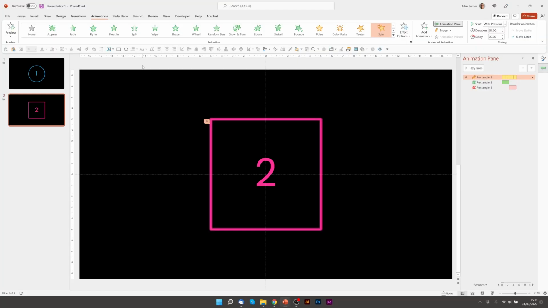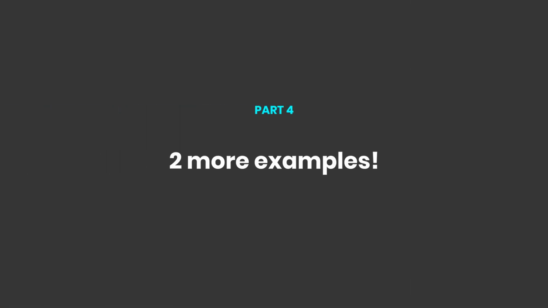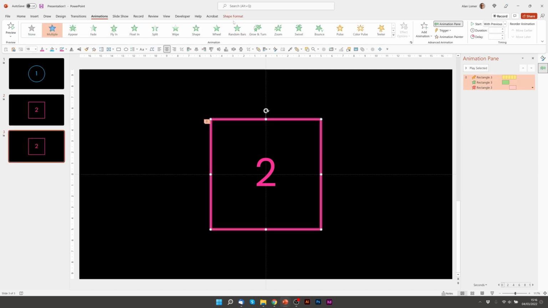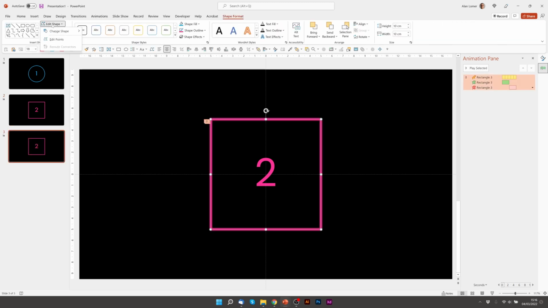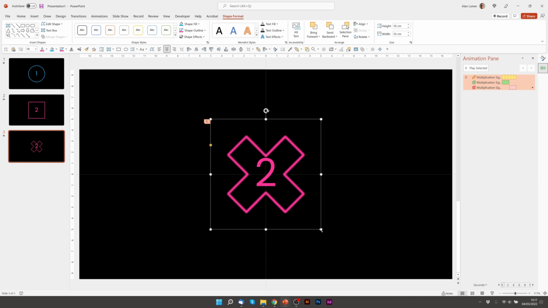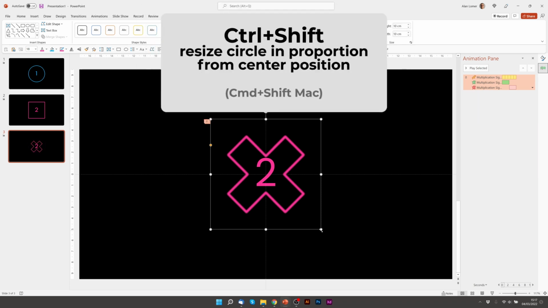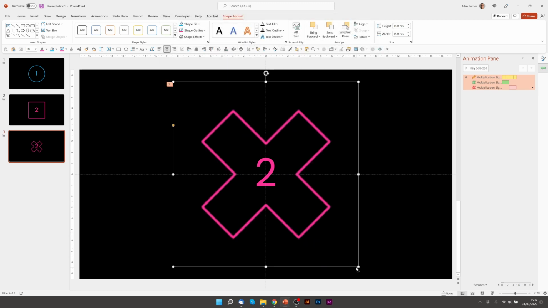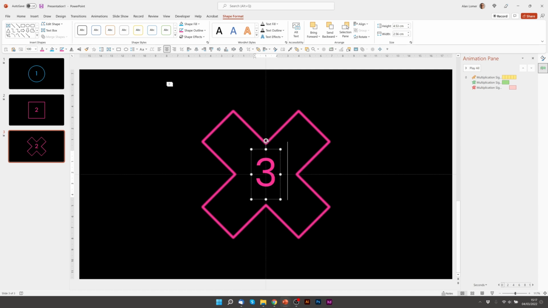And I'll quickly just create the other 2 examples. So again, Ctrl D to duplicate, Shape Format, Edit Shape, Change Shape, and then select any shape you like. I used this X. We can scale that up a bit. If you hold Control and Shift, it will scale like this from the center, and then we can change the number to 3.